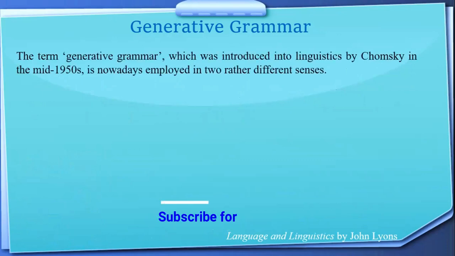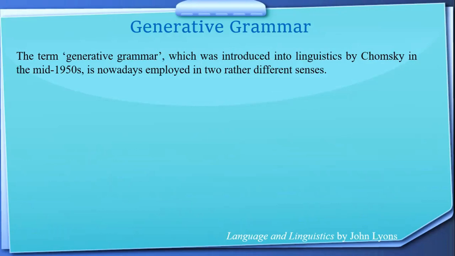Here we are going to talk about the study from Language and Linguistics by John Lyons. The term generative grammar, which was introduced into linguistics by Chomsky in the mid 1950s, is nowadays employed in rather different senses.